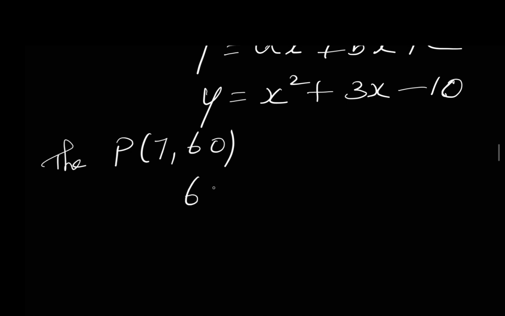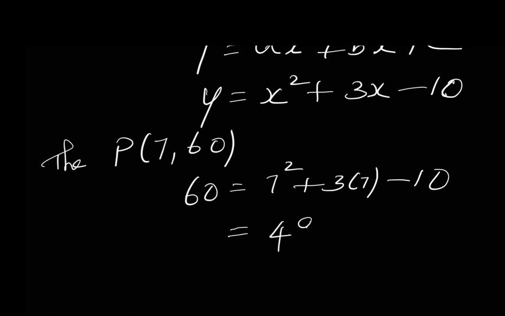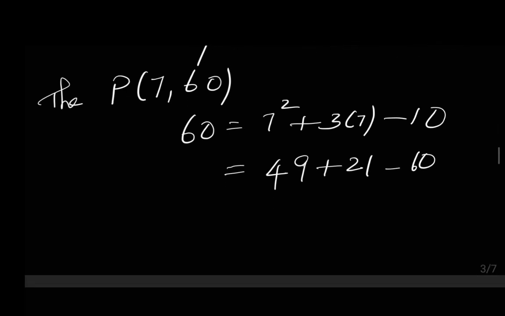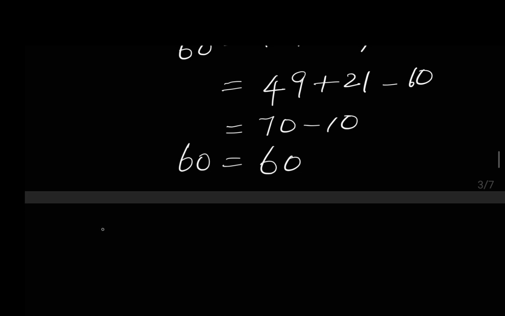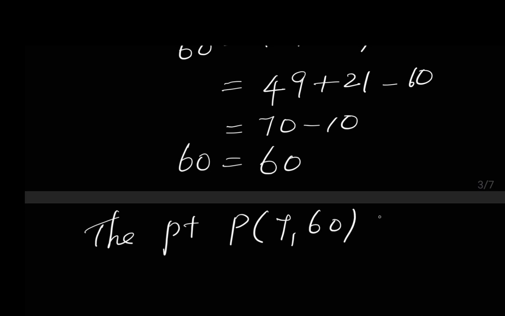That is, I replace y as 60, x as 7 squared plus 3 into 7 minus 10, 49 plus 21 minus 10. So 60, 70. 70 minus 10. 60 is equal to 60. Yes. So the point lies on the curve. Point P lies on the curve.